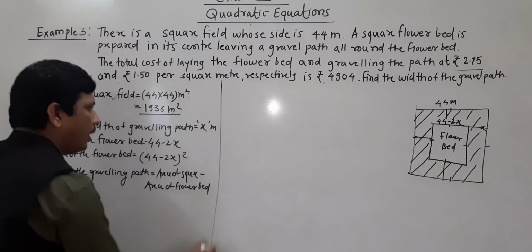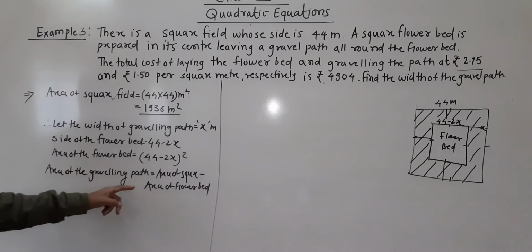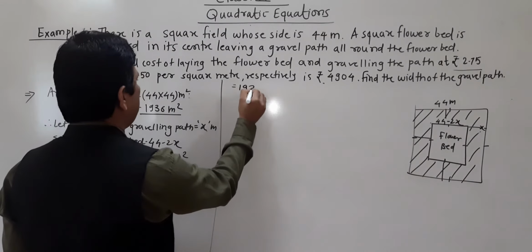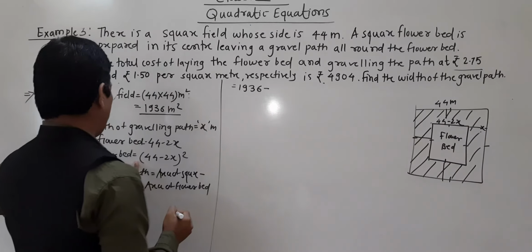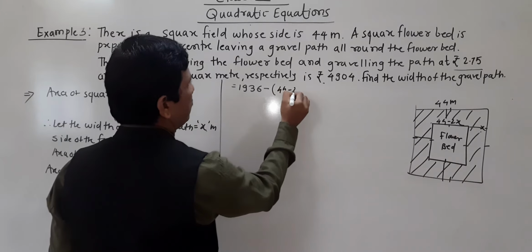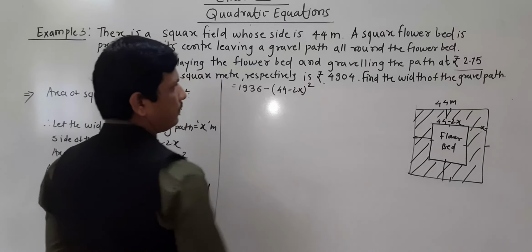So how do we get that? Area of square is 1936, so it is equal to 1936 minus (44 minus 2x) whole square.